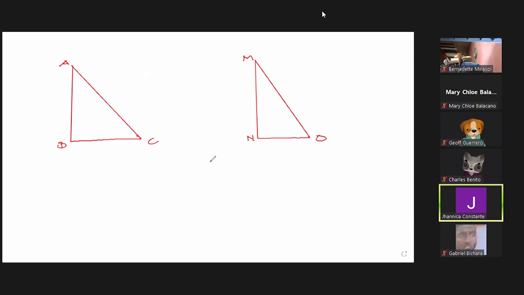For us to identify which are the corresponding parts, identify which side is your hypotenuse or the longer side of the triangle. Looking at the triangle that we have, the longer side of triangle ABC is side AC. So this is our hypotenuse.